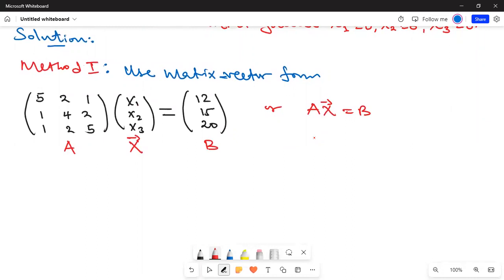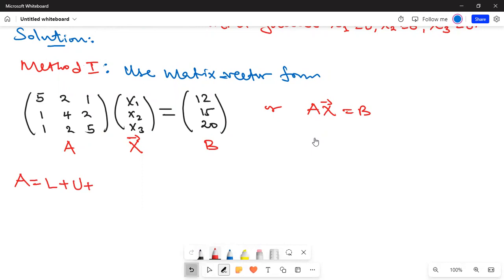Now, the coefficient matrix A can be decomposed into 3 components. So you write A is the same as L plus U.